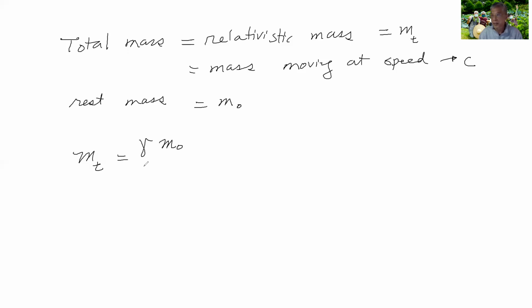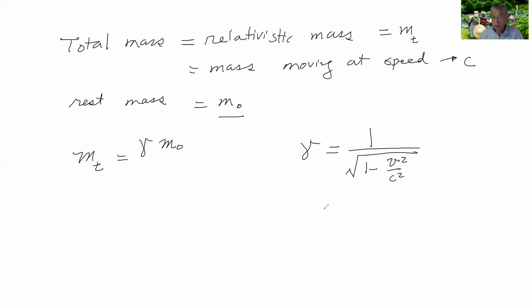And this gamma is not the gamma of a photon. This gamma is the factor defined as 1 divided by the square root of 1 minus v squared divided by c squared, where v is the velocity of this rest mass M0.